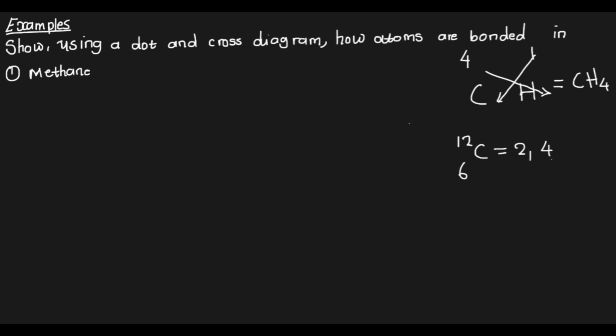So we can see that carbon needs 4 more electrons for the second shell to be filled. For hydrogen, the mass number is approximately 1 and the atomic number is 1. The outermost shell, which is the only shell for hydrogen, has 1 electron and needs 1 more electron to be stable. So each hydrogen needs 1 electron to be stable.